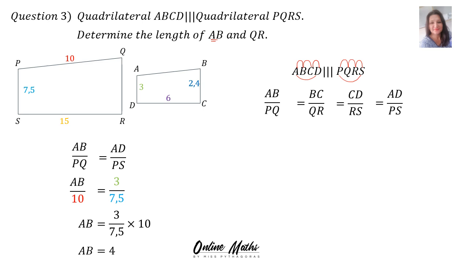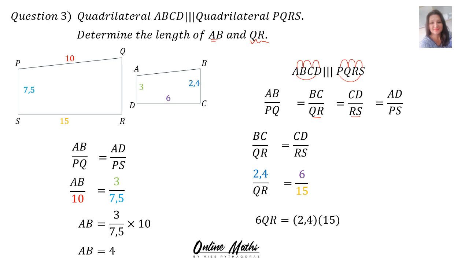Then, in order to work out the length of QR, let's take BC over QR, that's equal to CD over RS, those two. BC is 2,4 over QR, that's what we're looking for, is equal to CD is 6 over and RS is 15.